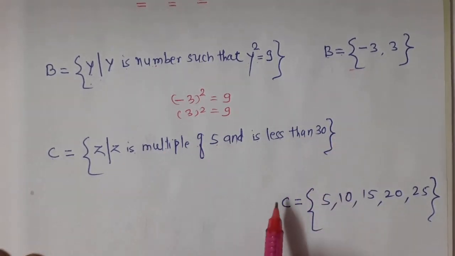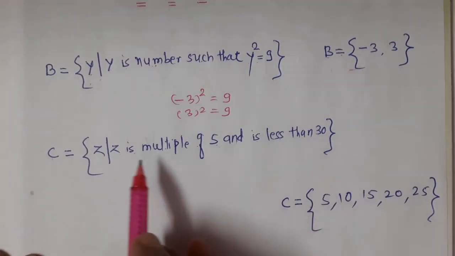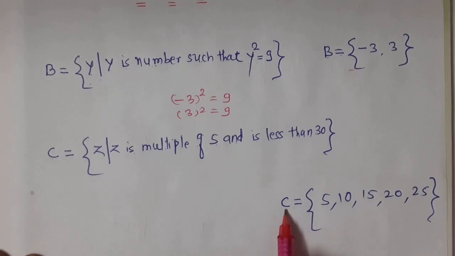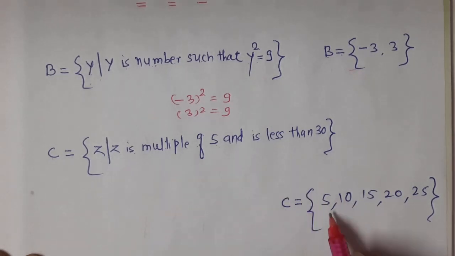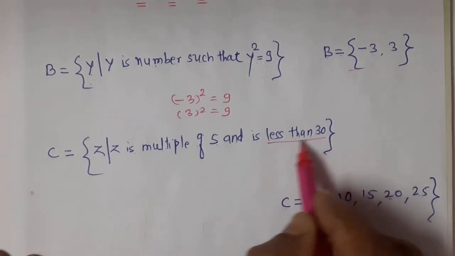Okay, how can that be written in the listing method? C is a set of multiples of 5. If I write a capital C, the set of all multiples of 5: 5, 10, 15, 20, 25, because it is less than 30, so 30 will not come.